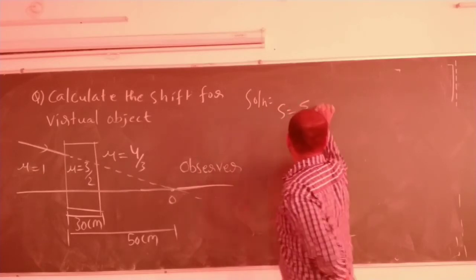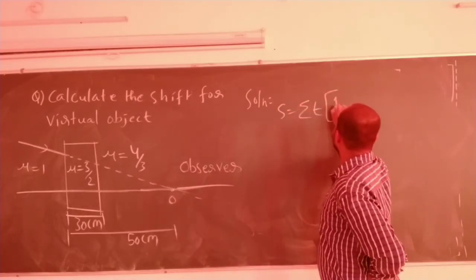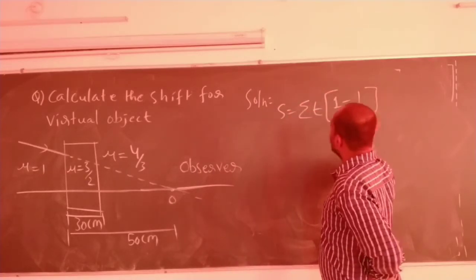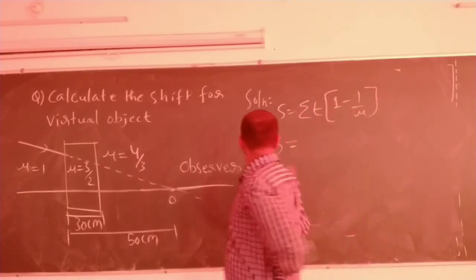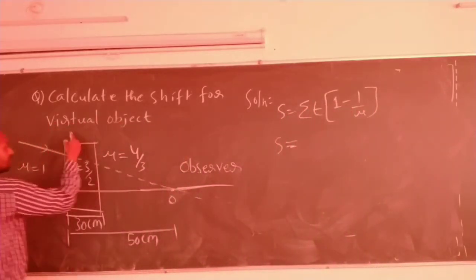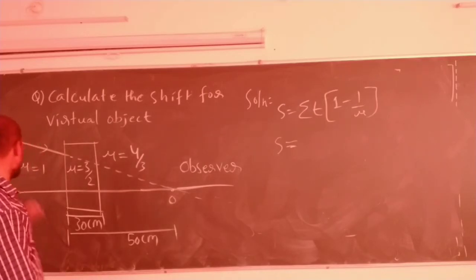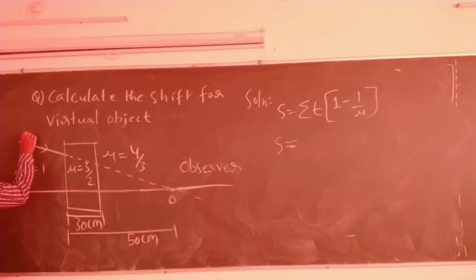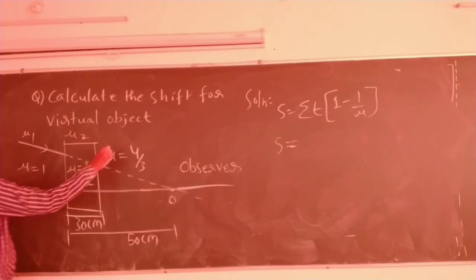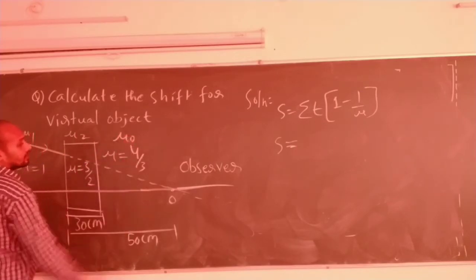Shift is summation of T into 1 minus 1 divided by mu. First shift is due to this slab towards the left side having refractive index 1. So I will consider this is mu1, this is mu2, this is mu0.